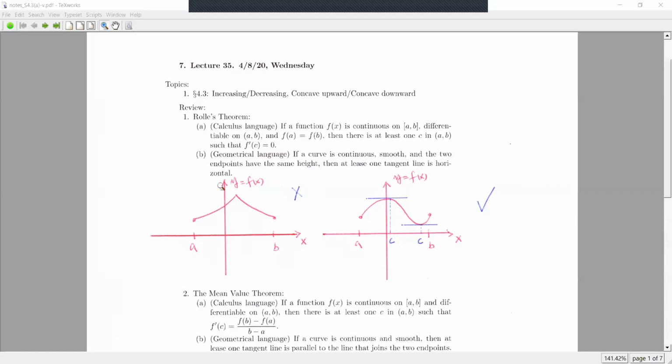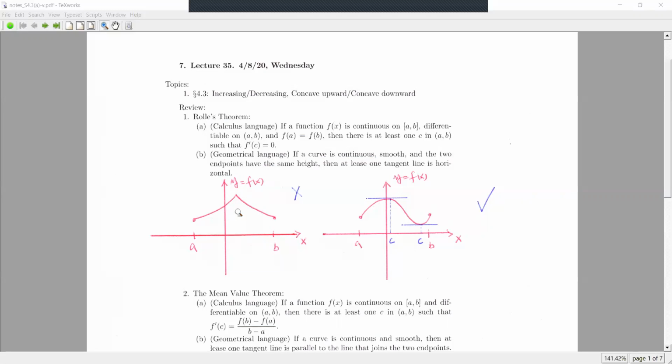This curve is not smooth everywhere between a and b. So you cannot find a tangent line on this curve where the tangent line is horizontal. You cannot find a horizontal tangent line on this curve because there is a corner that doesn't satisfy the conditions of the theorem.